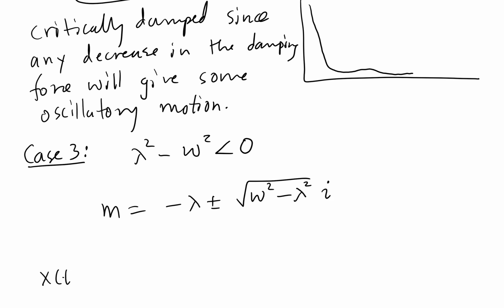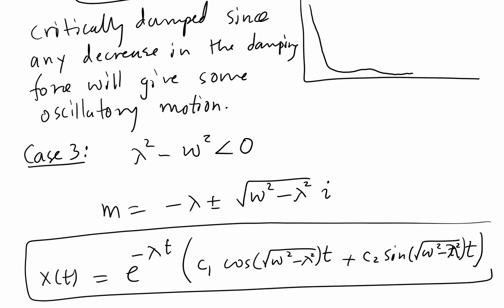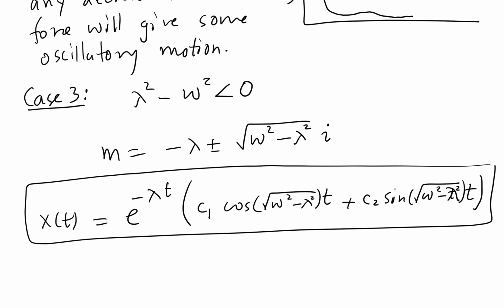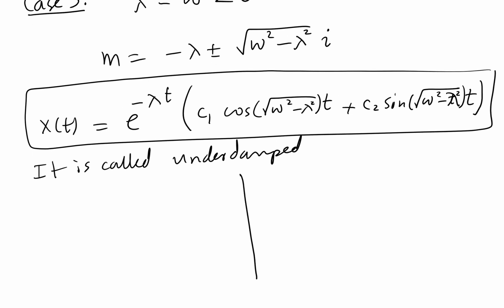In this case, the solution would be e to the negative lambda t times (c1 cosine of the square root of omega squared minus lambda squared t, plus c2 sine of the square root of omega squared minus lambda squared t). That would be the solution. And in this case, the system is called underdamped.